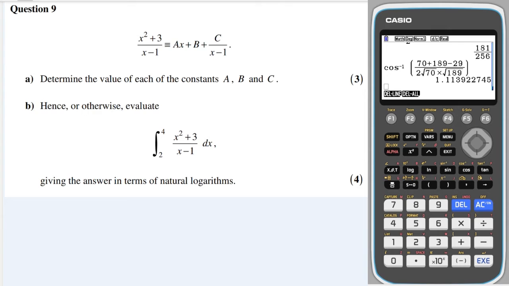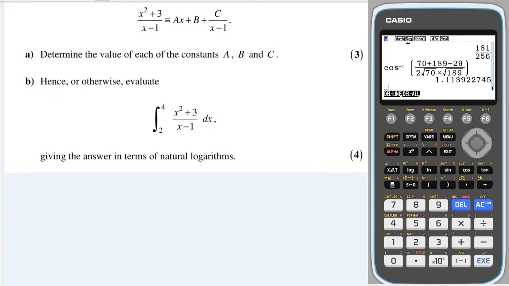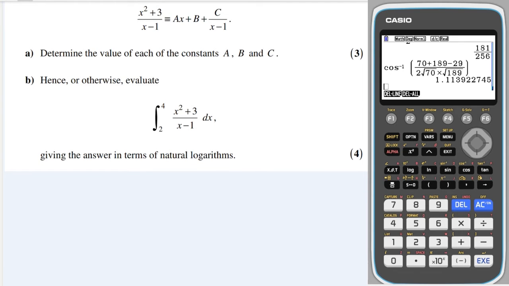Okay, question number 9, it says that we need to work out A, B and C. So first thing I'd do here would be just to multiply both sides by x minus 1. So we get x squared plus 3 is equivalent to a(x minus 1) plus b(x minus 1) plus c.